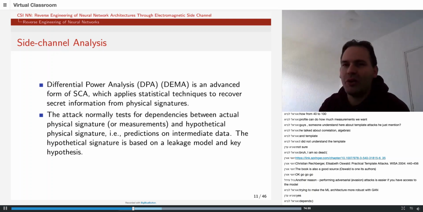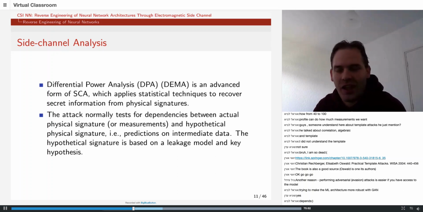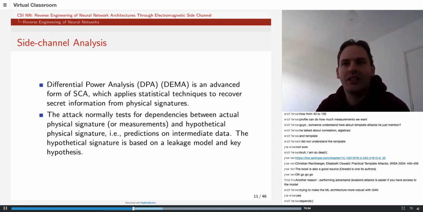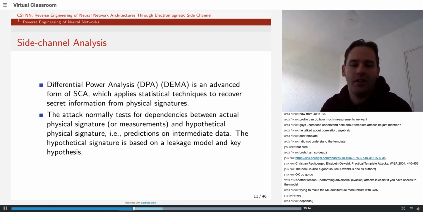So you talked about simple power analysis, and those are direct attacks, where you make your attack based on the visual inspection of the data, like you did in your simple power analysis. You basically look at the power measurement, and then from that power measurement shape, you said, well, it looks like this, it looks like that.